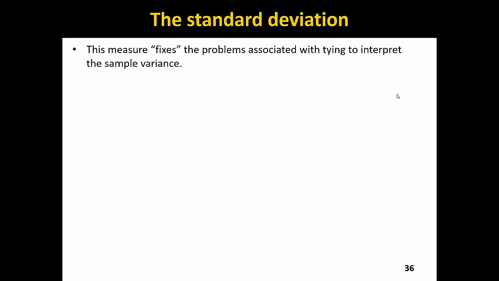So is there a way to fix the two problems observed with the sample variance? Recall that squaring the terms solved our first problem of having a zero sum of the deviation scores. So that problem was solved, but now we have the other two problems.